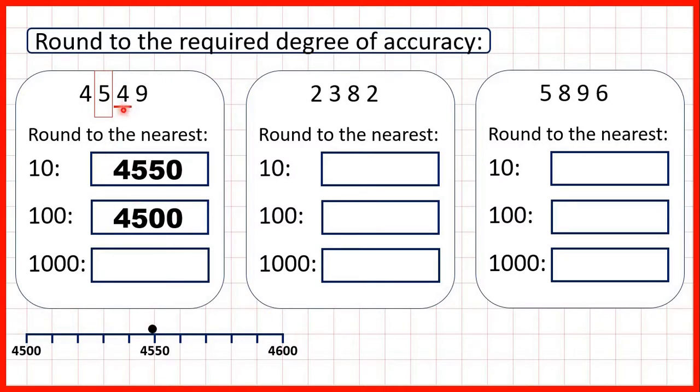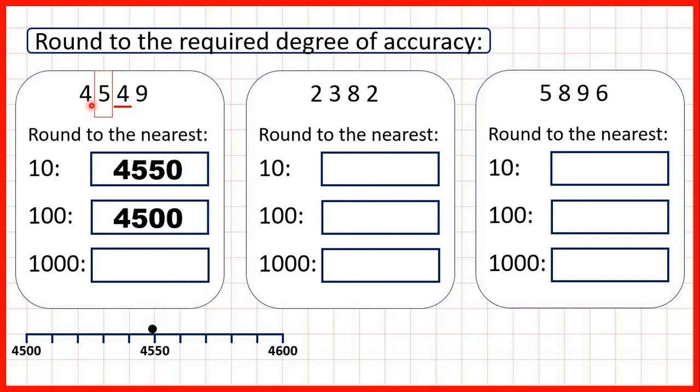Now notice in the method we underlined our tens digit, and on this number line, each square is an increase of 10. So 4,500, 4,510, 4,520, and so on. Now I've labelled 4,550 because that's right in the middle of 4,500 and 4,600.